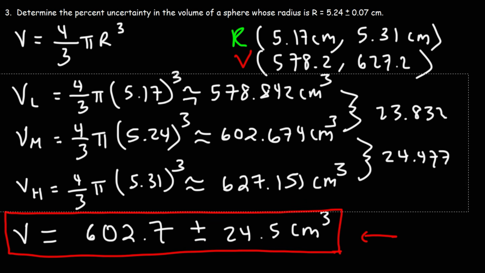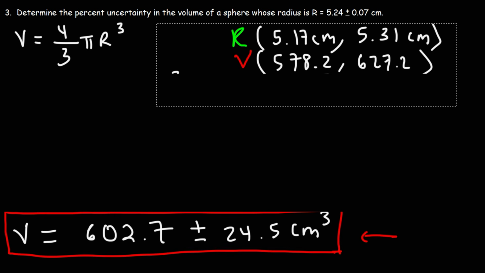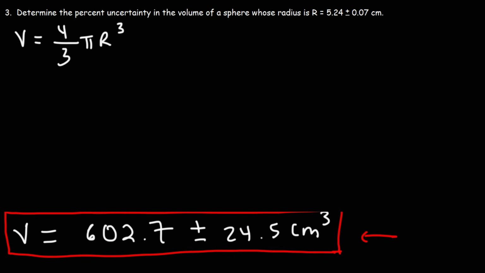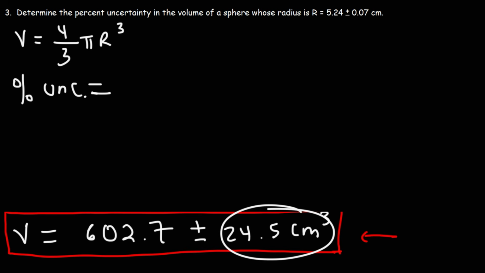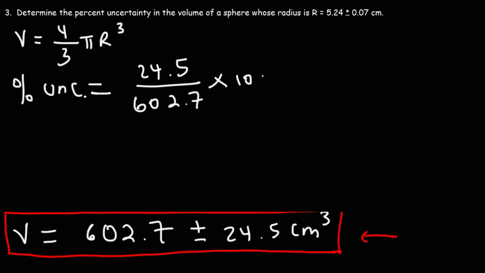So first, let me clear away a few things. The percent uncertainty is going to be the estimated uncertainty, which is 24.5, divided by the measured value of the volume, which is 602.7, times 100%.